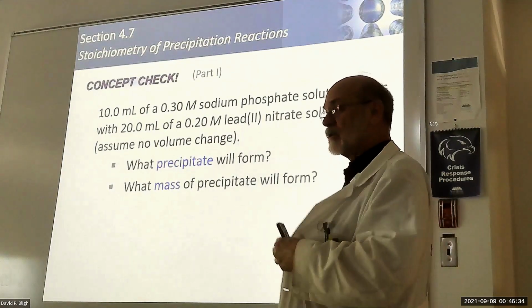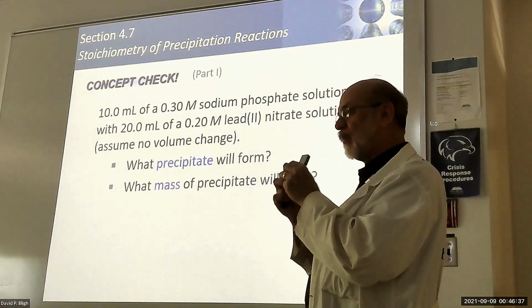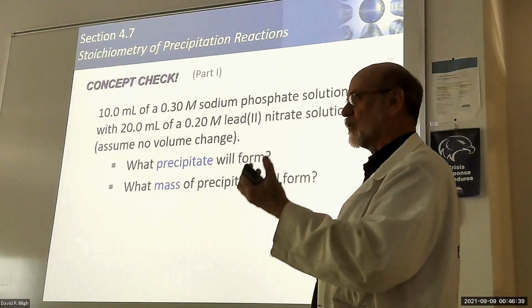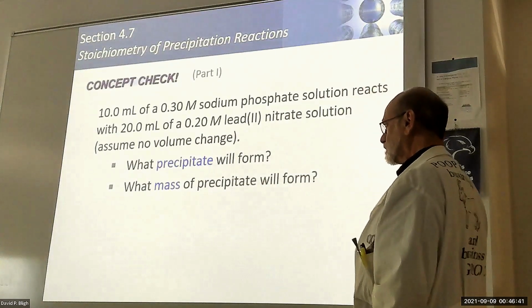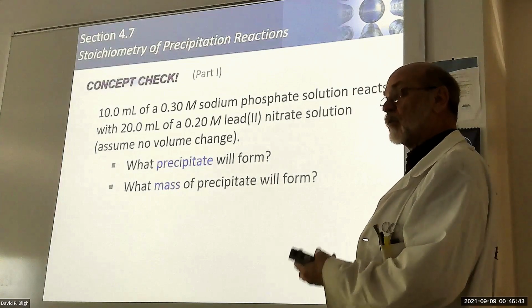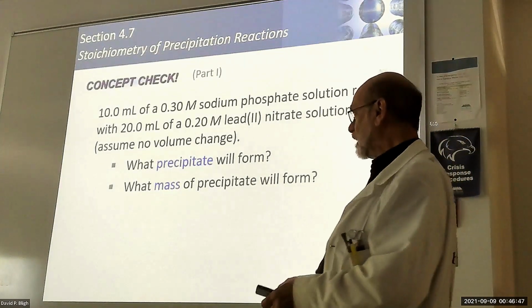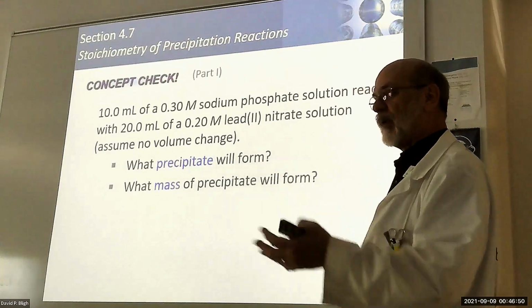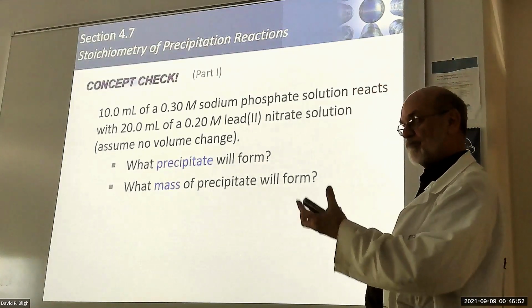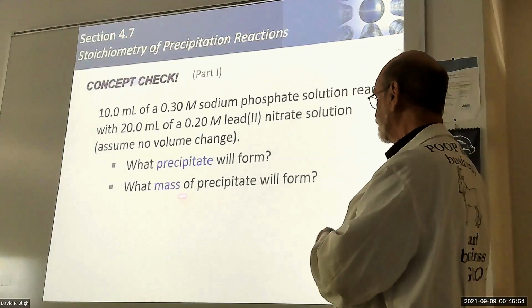You've got a solid, you need the right filter paper with small enough pores that it'll catch the solid and let everything else go through. And then you rinse it with something in which it is not soluble to get rid of all the soluble parts. And there you have a pure precipitate.